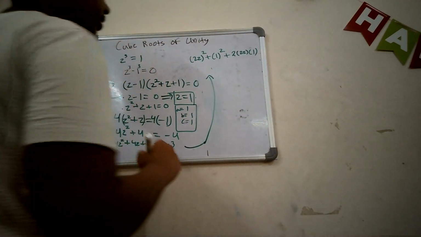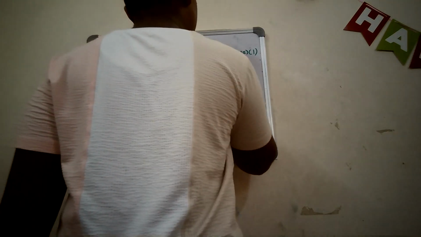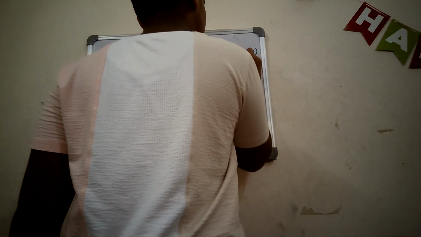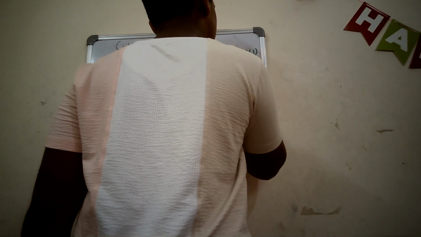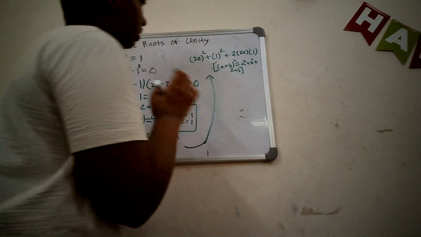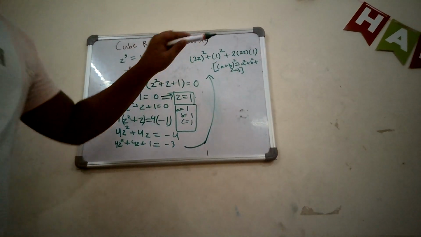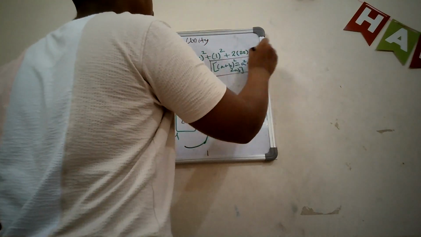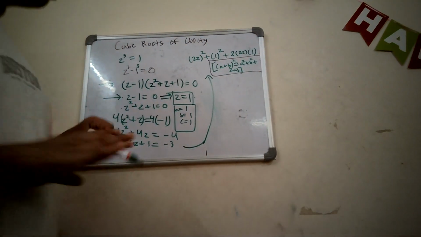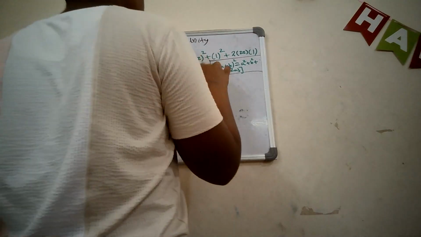This is the identity: a plus b whole square is equal to a squared plus b squared plus 2ab. We can factor this. We can simplify this. This is the identity we're using, the factorization formula.